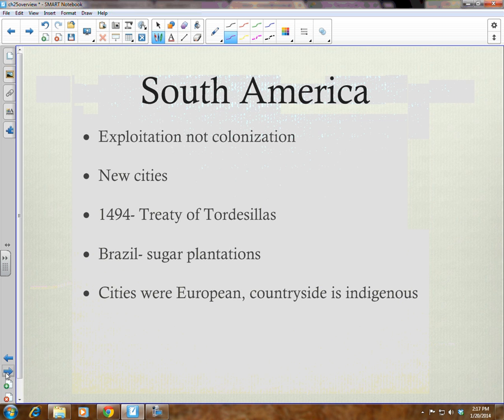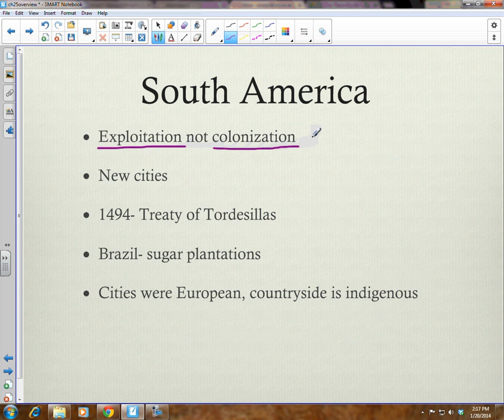So the rule of conquistadors such as Cortez and Pizarro was very short, and they were quickly replaced by formal Spanish imperial rule. So this was throughout Latin America or South America and Mesoamerica. And there's one theme that I want you to keep in mind. In South and Latin America, there's exploitation, not necessarily colonization.